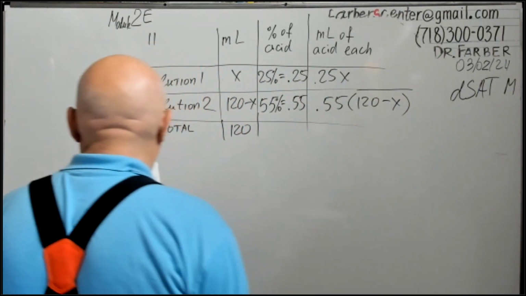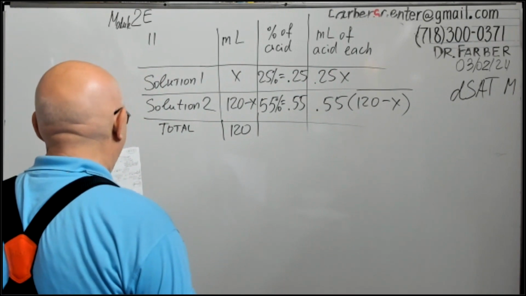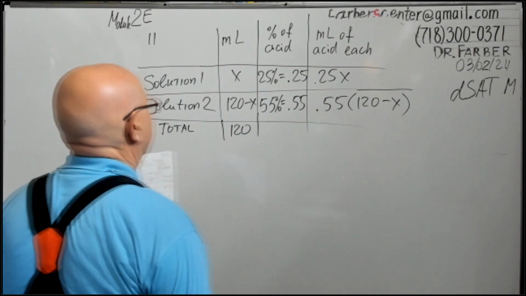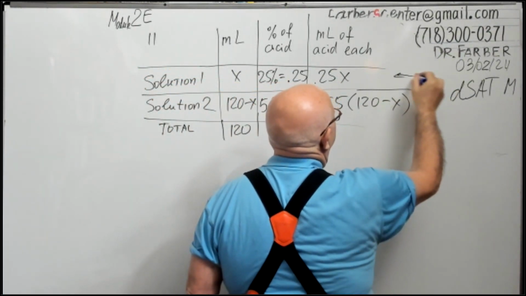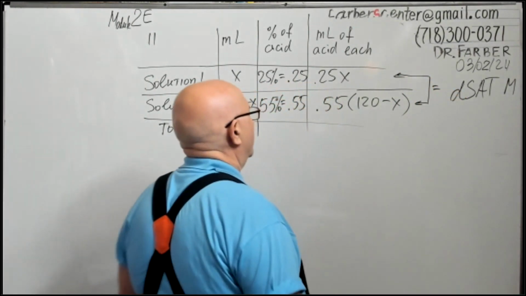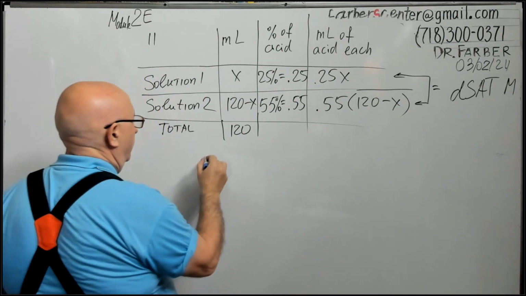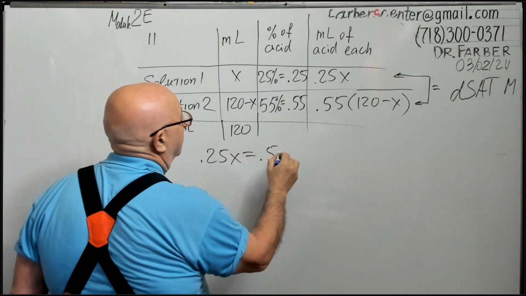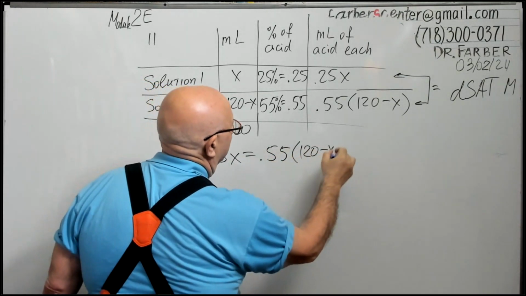Okay, and what they said? They said that final solution needs equal parts. So this equal to this. And you can write equation for this. 0.25x equals 0.55 times 120 minus x.